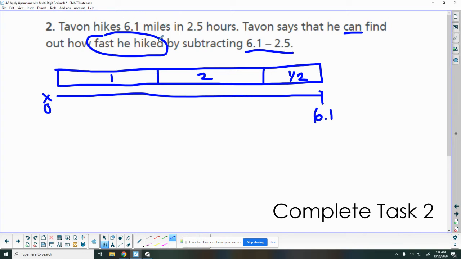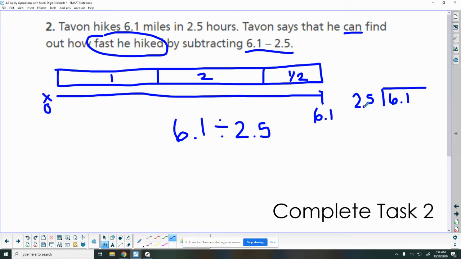So I need to take the total that he hiked, 6.1, and divide it by the hours, 2.5. So 2.5 is going to go on the outside and 6.1 goes on the inside. That's my dividend divided by 2.5.